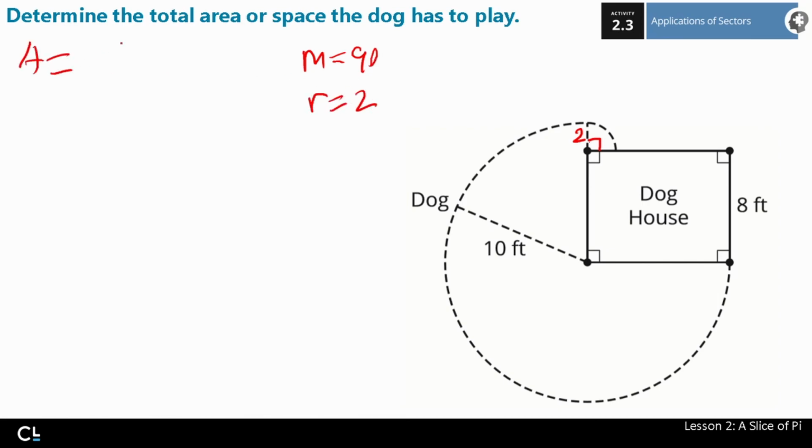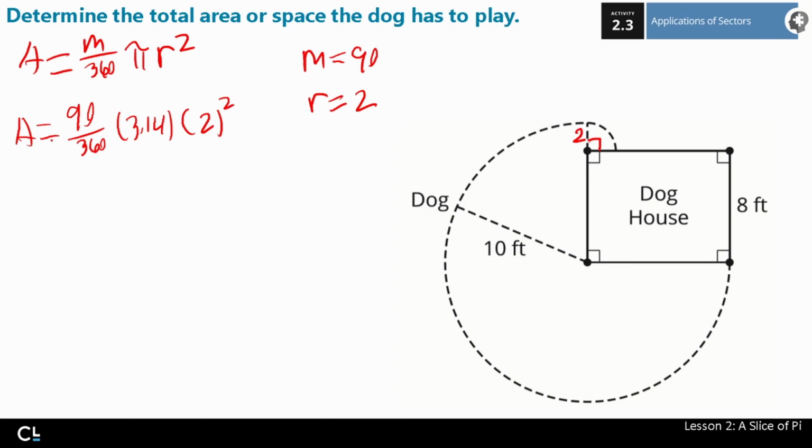Remember, our formula is M over 360 times pi r squared. So let's plug everything in. We get A equals 90 over 360 times 3.14 times 2 squared. 90 over 360 is going to give me 1/4 times 3.14 times 2 squared, which is 4.